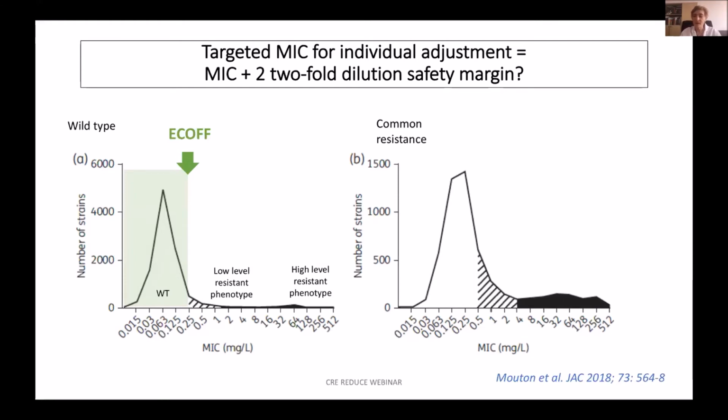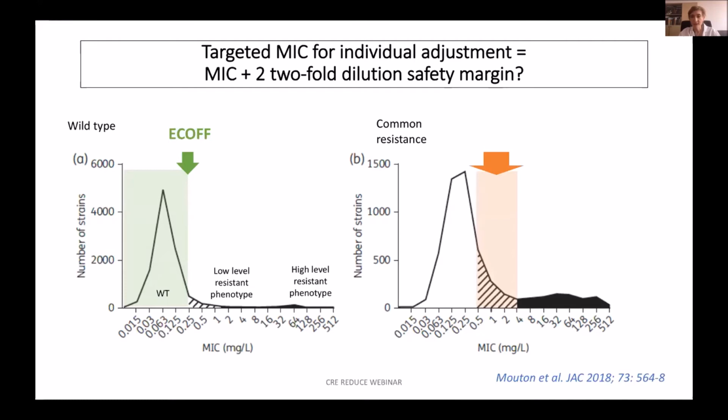But on the right panel, you have the wild type strains in blank. Then the striped area represents MICs with a low level resistance phenotype. And the black areas are the MICs with a high level resistance phenotype.